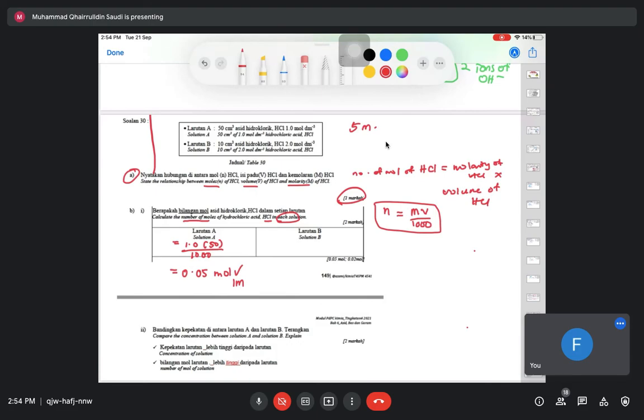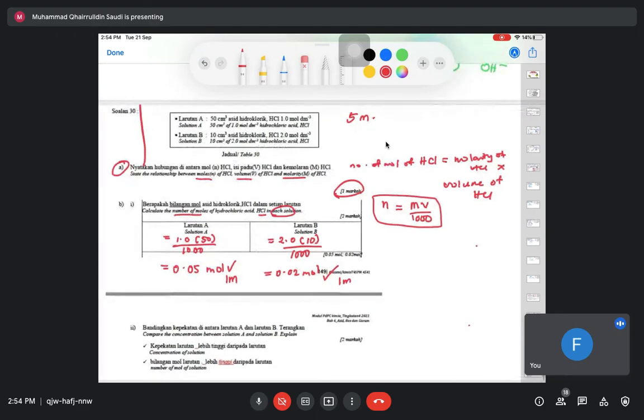For B, 2.0 times 10 divided by 1000, 0.02 mole, another 1 mark. So 2 marks there. Next one, compare the concentration between solution A and solution B and then explain.